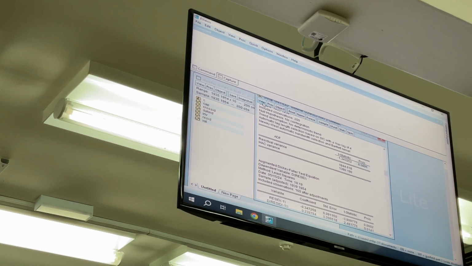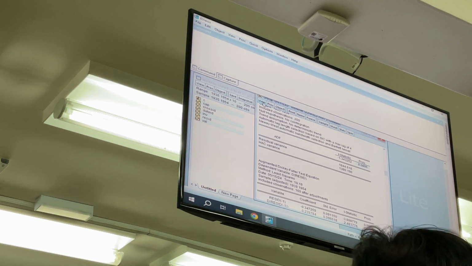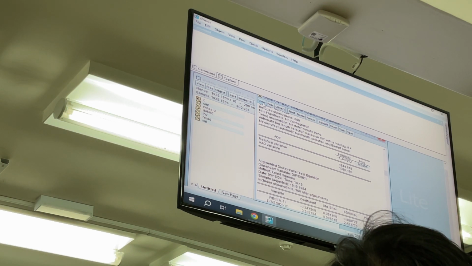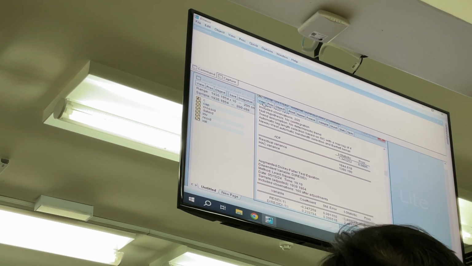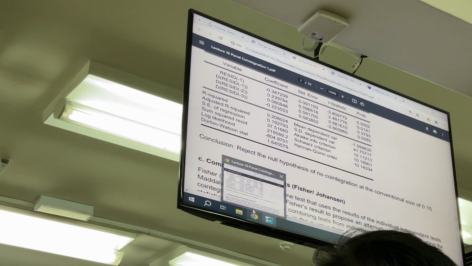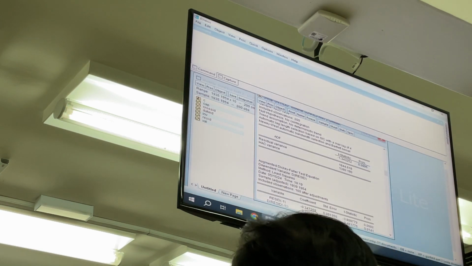By the way, normally we just deal with the single equation approach, right? Pedroni and then the Gao are actually single equation approaches. After the break, we are going to deal with the Johansen type, so the difference between this Gao, Pedroni, and also the Fisher Johansen.